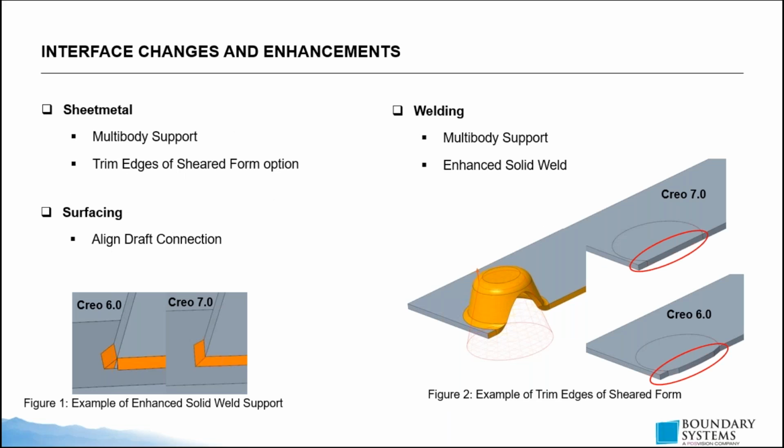All right. So next big change is going to be inside of sheet metal, where there's the enhancement where you can now trim the edges of a shared form. There's now an option for you to check to do that.